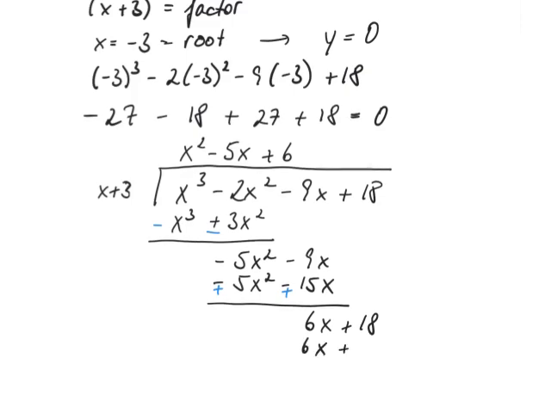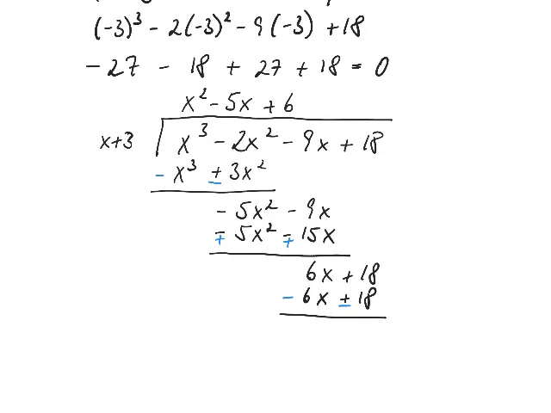6 times 3 is plus 18. I change the sign. This becomes a minus. This becomes a minus. I add now. 6x minus 6x is gone. 18 minus 18 is also gone, and that is 0. And because this is 0, that means there is no remainder.